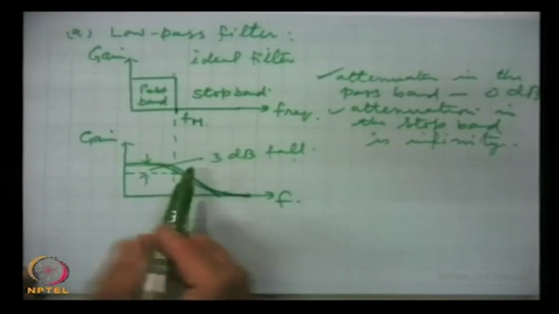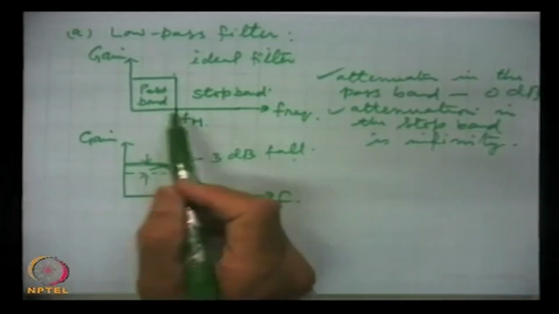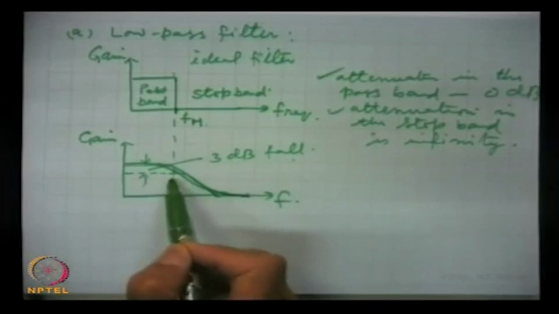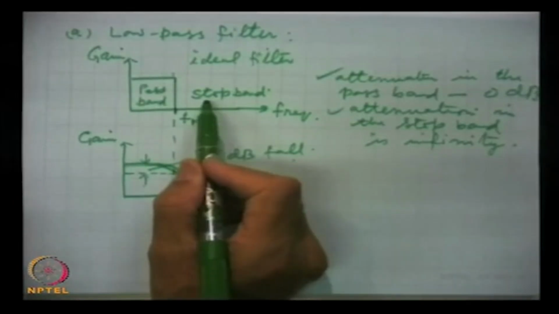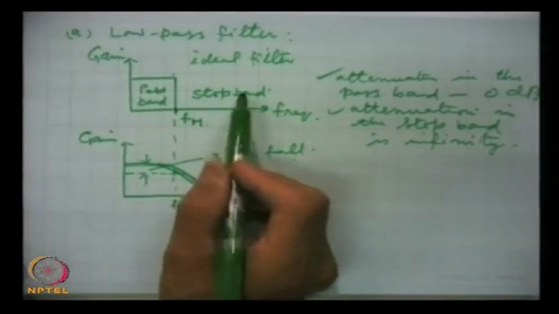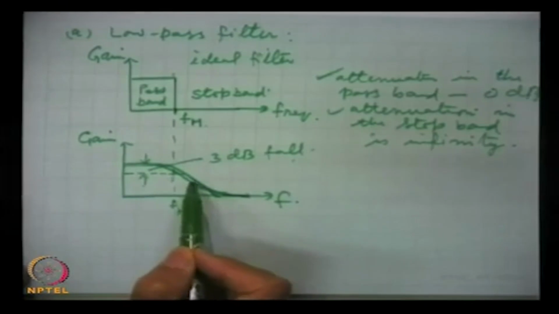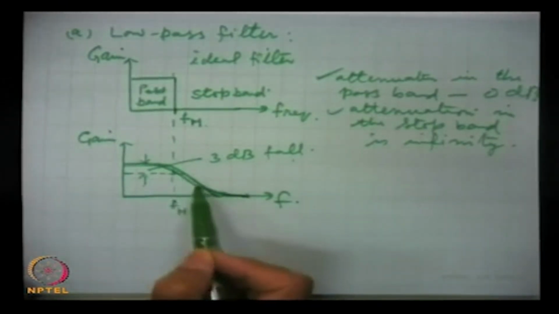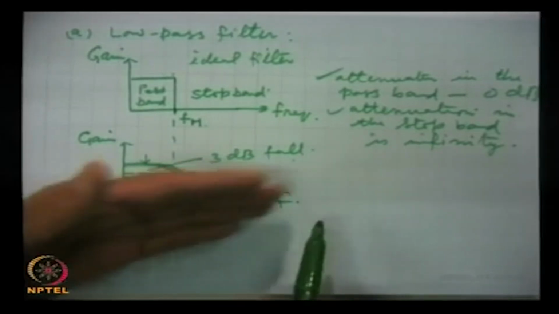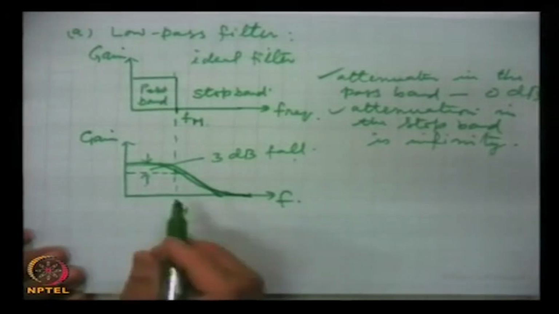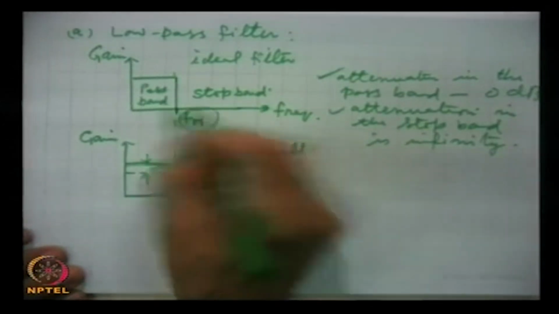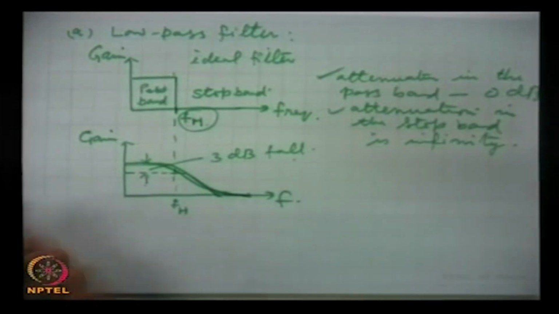Here the fall will start and 3 dB has fallen by this cutoff frequency, and beyond that, in the ideal case it was infinite attenuation. Here the attenuation will be high, but it continues for a certain frequency region. So, this is the response, and we will derive an expression for this cutoff, the highest cutoff for the low pass filter, and this we can design, we can choose.